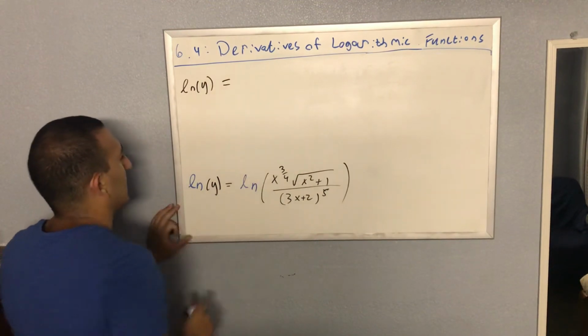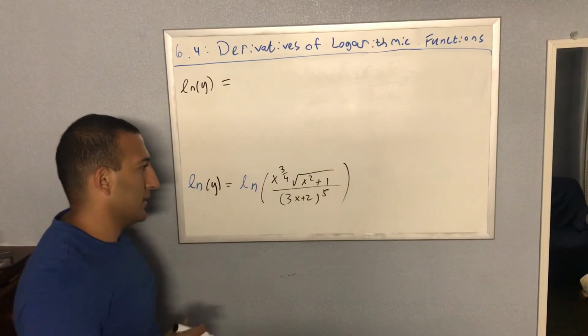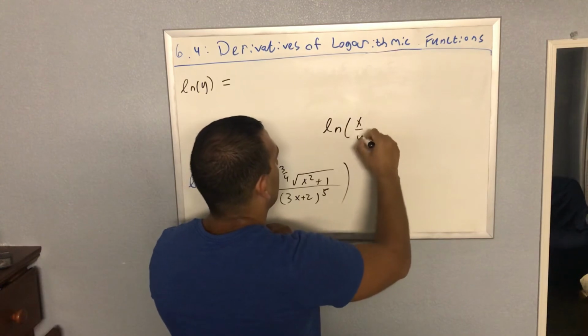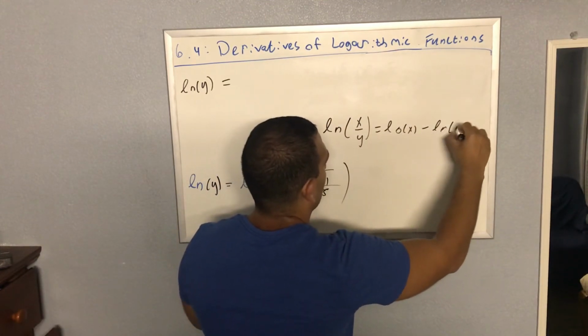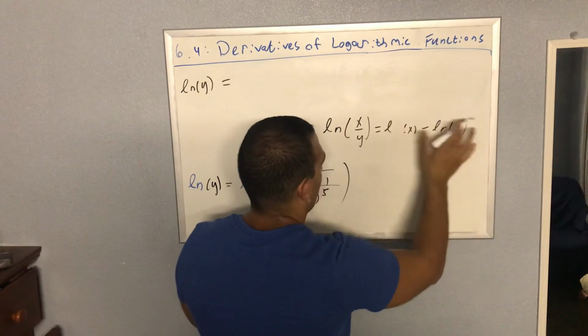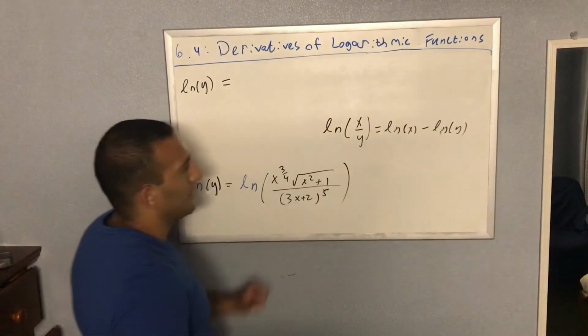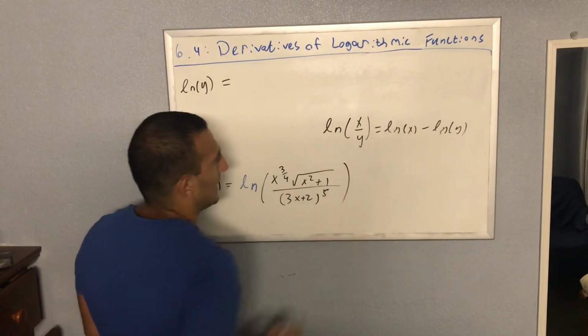But the right-hand side, we can use a property of the logarithm to make this a lot simpler. Remember, the ln of x over y is the ln of x minus the ln of y, or any base. If this was log base b, you can replace those with log base b.